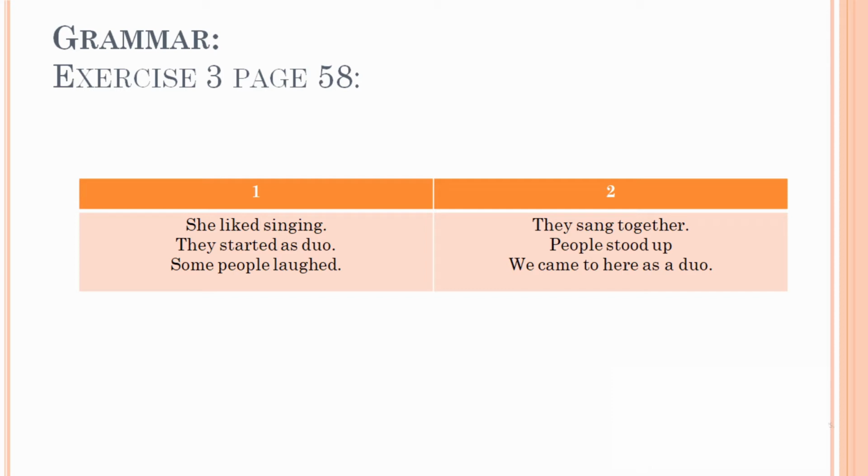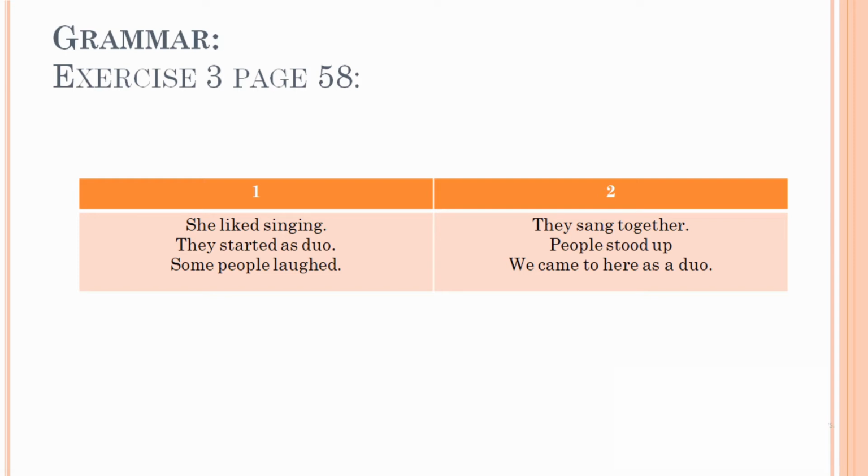In sentence number 2, we have stood up. People stood up. This is the past simple of the verb stand up. We came. The verb to come. Came is the past simple of the verb to come.